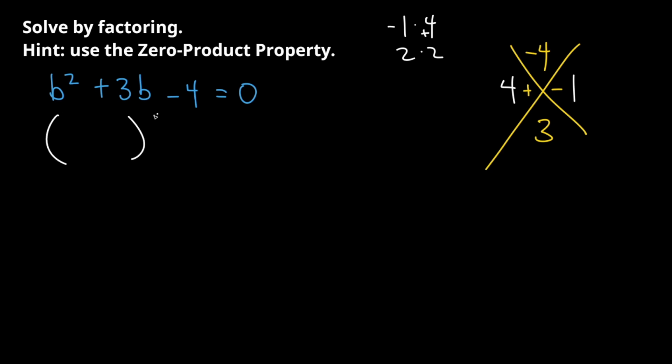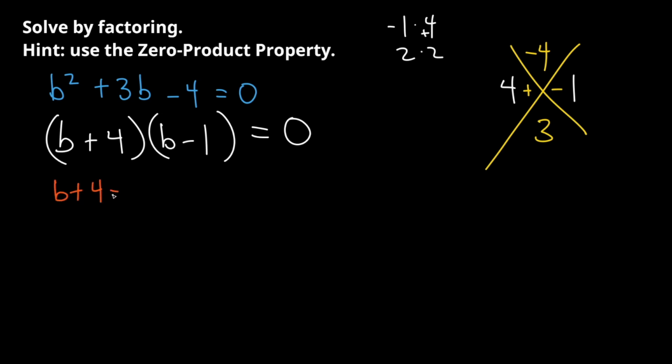So we'll set up our factors like so. We have b plus 4, b minus 1. Now we want to use the zero product property to solve for these variables. We'll set it equal to 0 because this part of the equation is 0.